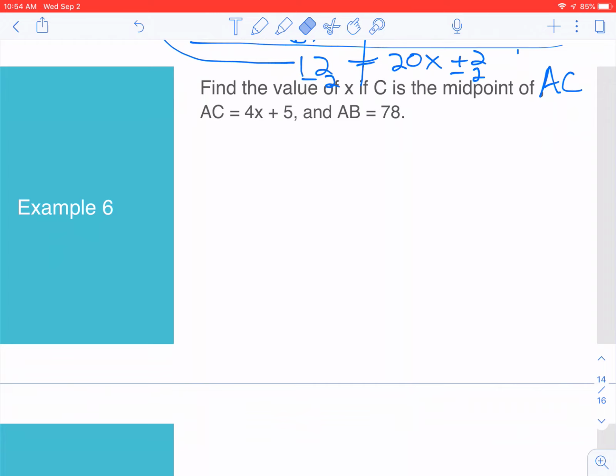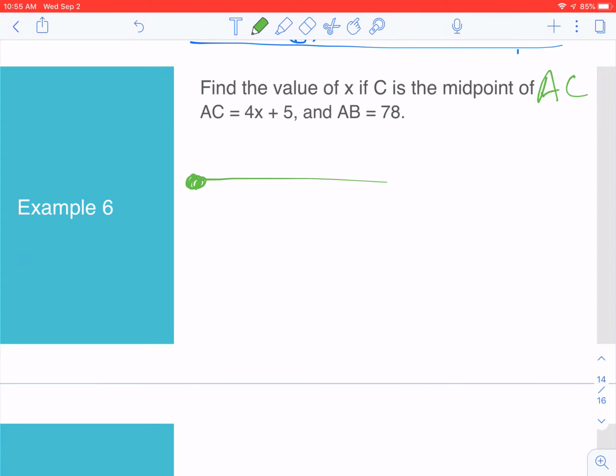Alright, I'm going to erase this here so you can see it. Oops, I wasn't supposed to erase that. I'm going to get you started here and then you guys are going to solve. So, make sure we have the right picture. Okay. C should be the midpoint of AB.